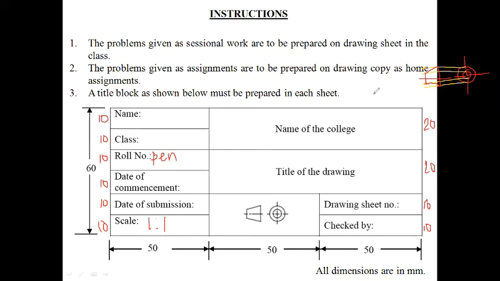Any other doubt? For which subject do we have to do it? This subject, engineering design, in this lab only. Because if you see an A1 drawing sheet, suppose this is your A1 drawing sheet, I will discuss later.